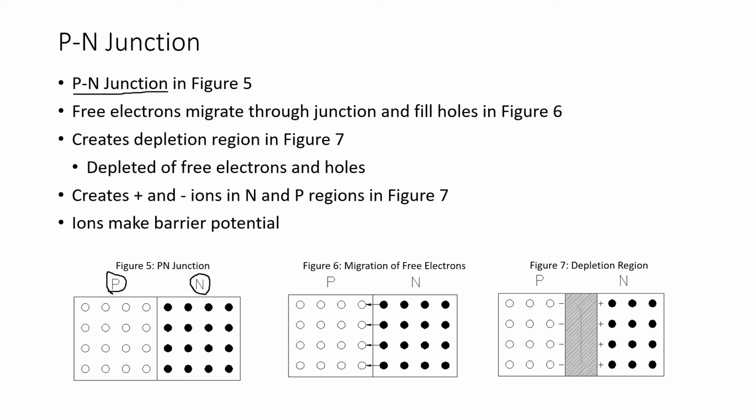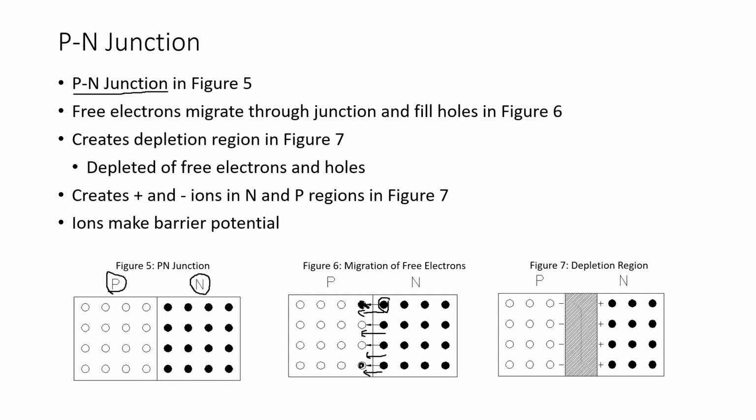Now, when we put these materials together to form a PN junction, we end up having free electrons migrate through the PN junction to fill these holes up. And so we've illustrated that here, that the free electrons are migrating through that PN junction to fill these holes.